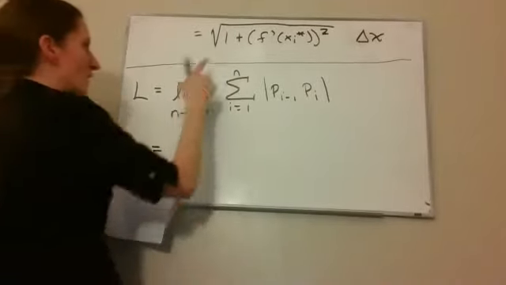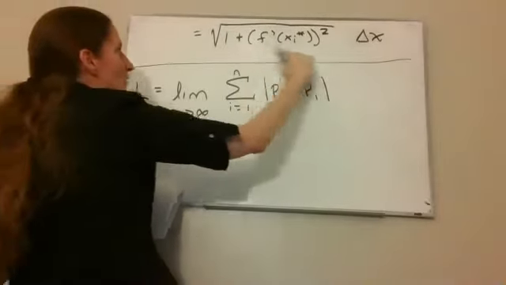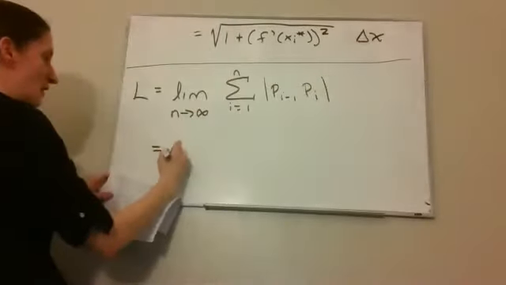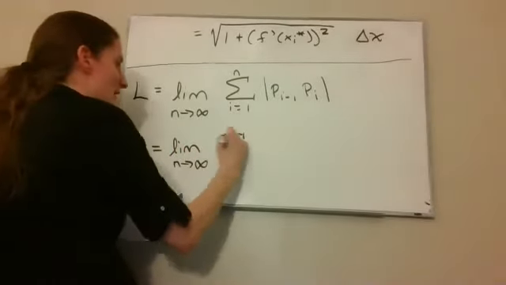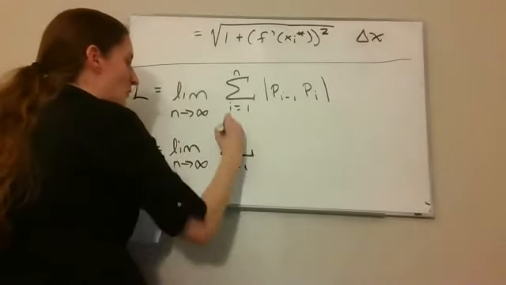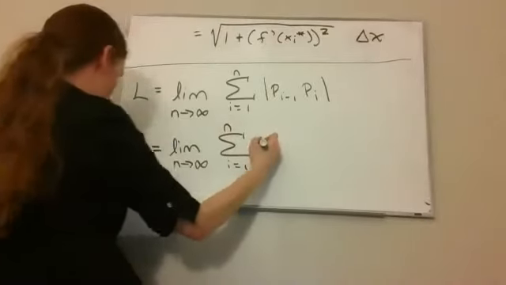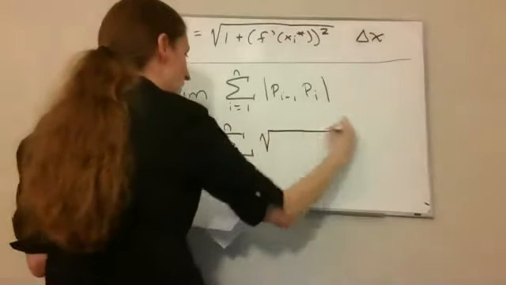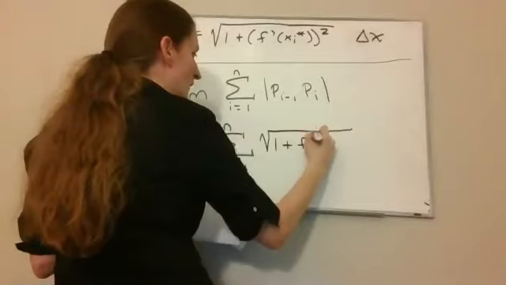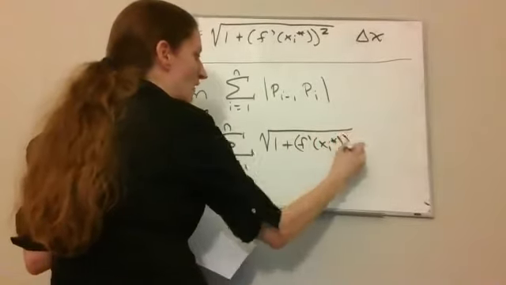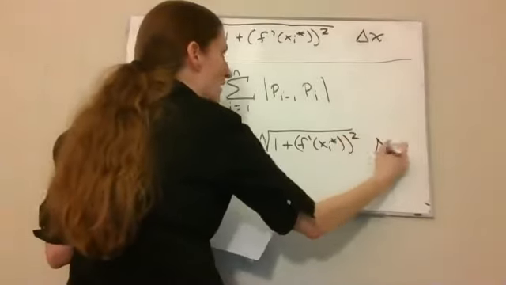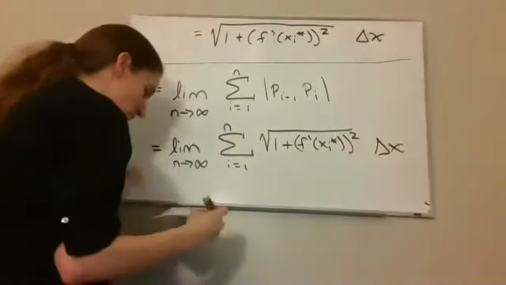Using what we just found, this distance is equal to that guy right there. I get a limit as n goes to infinity of the sum from 1 to n of the square root of 1 plus the derivative of my function at x i star squared times the delta x.